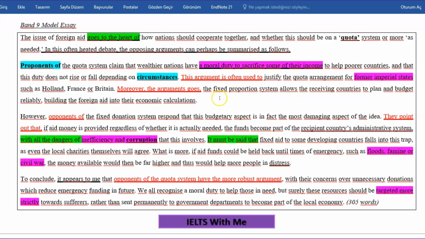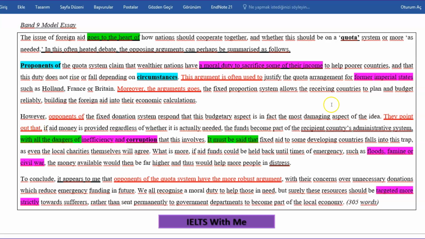What a beautiful complex sentence, right? Not a basic one. On the other hand, however, opponents of the fixed donation system respond that this budgetary aspect is in fact the most damaging aspect of the idea.